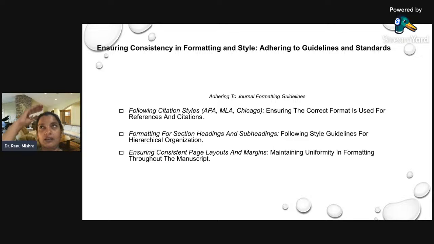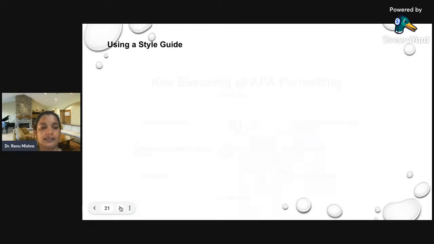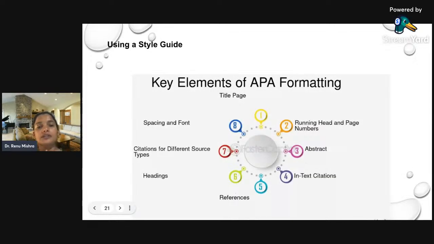Not only in the first pages, first sections, but throughout. This cannot be avoided. Just understand it. The second thing is that you should always use a style guide.